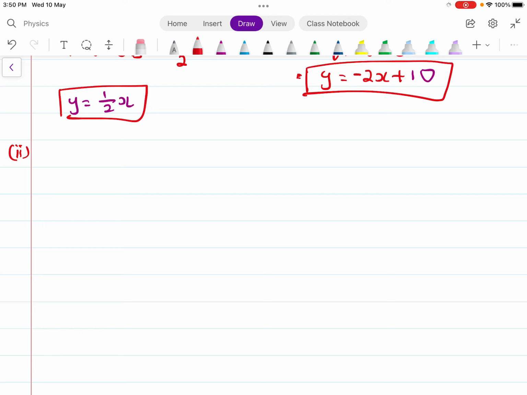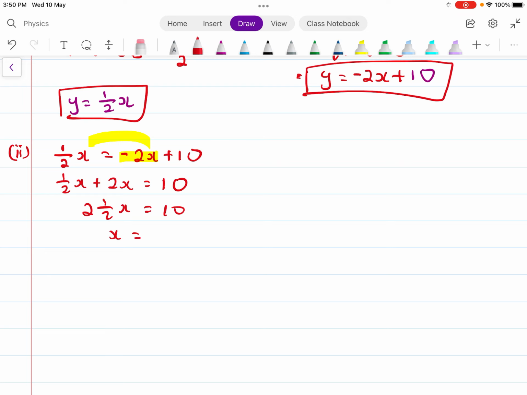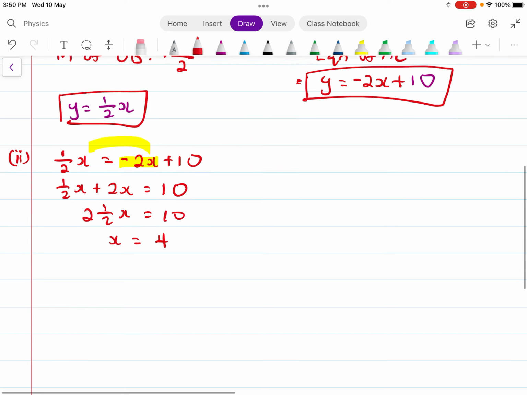So you get half x equal to negative 2x plus 10. Then you move this part to the left-hand side, so it becomes half x plus 2x equal to positive 10. So 2.5x equals 10, and x is equal to 4. So now I know the x coordinate of the intersection.